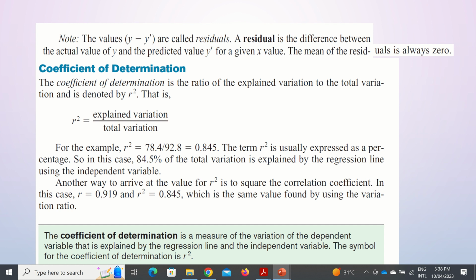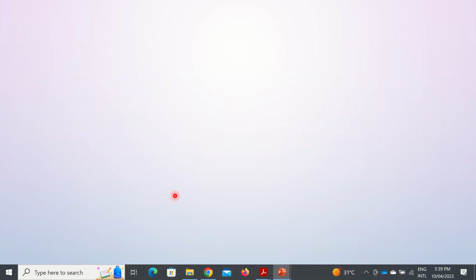But if r is getting close to 1, because we are talking about r square, then the regression line has explained most of the data. In this case, 0.845 means that 84 or 85% of the data is being explained by that regression line. From here you can say how good the regression line is.